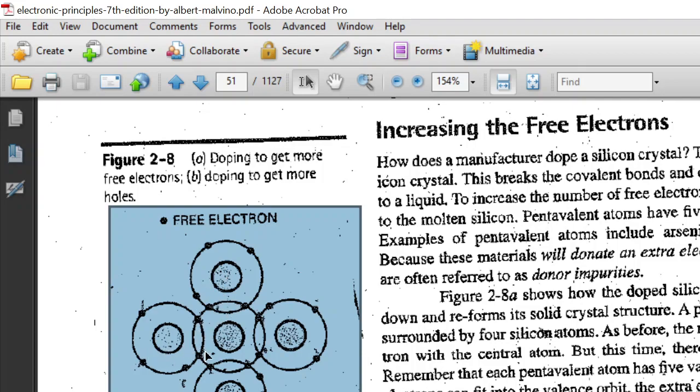So the total number of electrons in the valence shell will become 5 plus 4, which is 9. But we know that the stable valence shell has capacity to hold 8 electrons only. So what will happen? The 9th electron, the extra electron, will come out of this shell and go into a higher orbit and become a free electron.